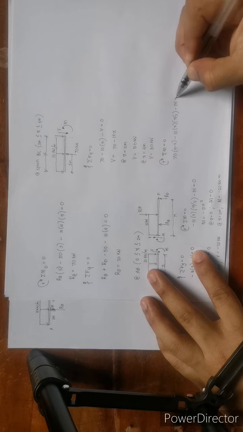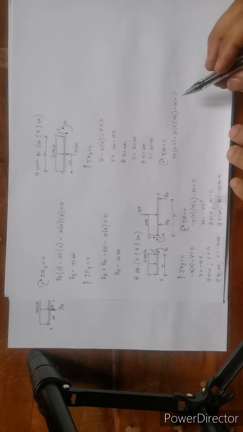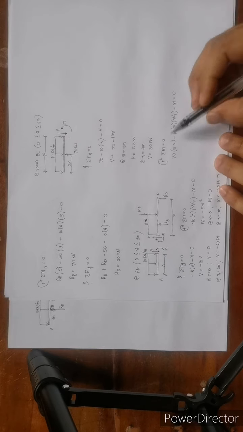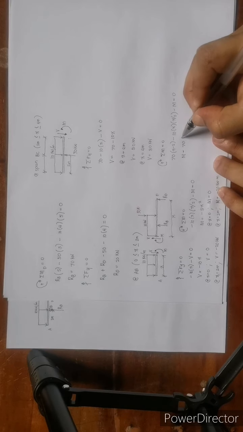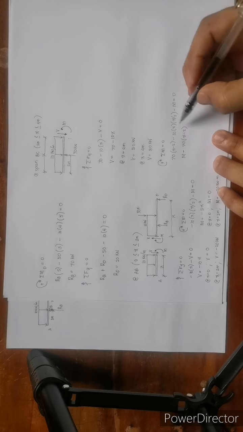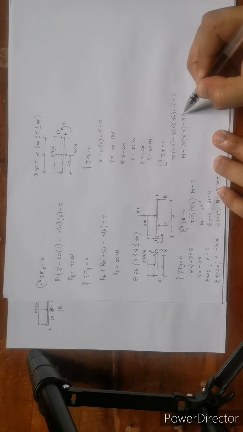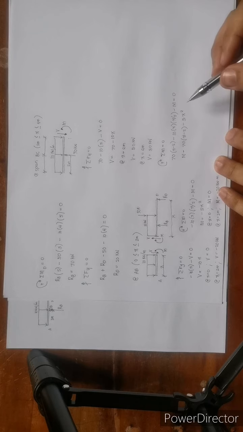That is minus M equivalent to 0. So, simplify lang natin, guys. Kunin natin moment equation. Transpose natin to. Magiging positive siya. 70 times (x minus 2). Simplify this one. Minus 5x squared. So, that will be our moment equation.